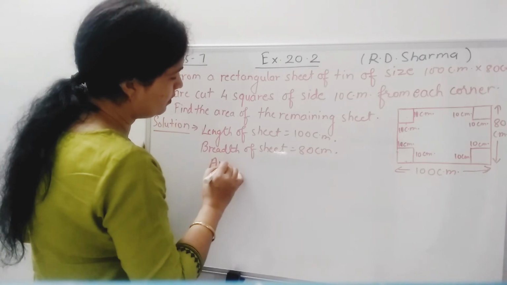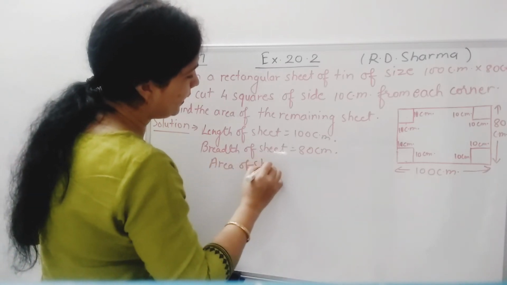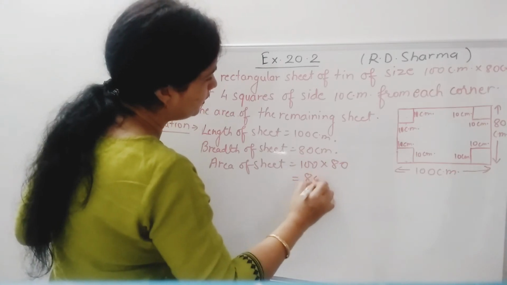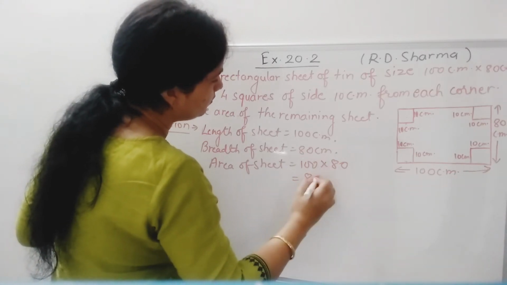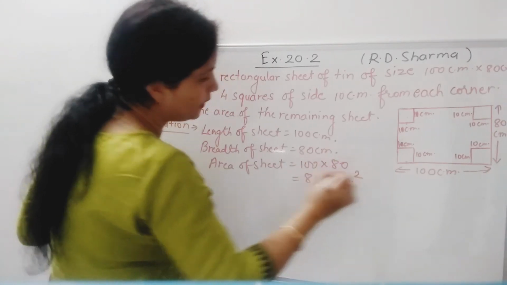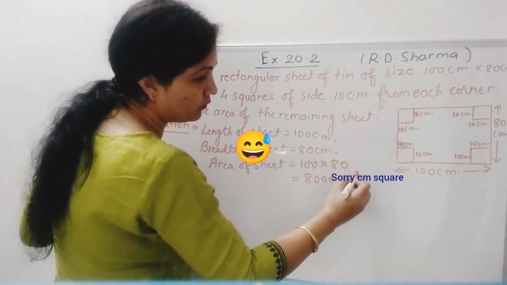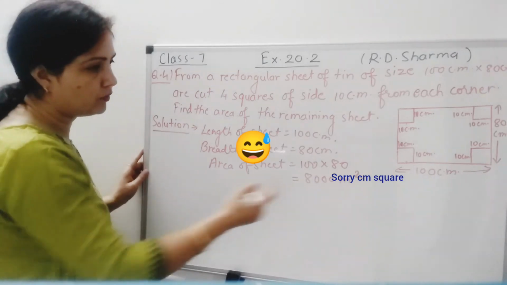So the area of the sheet is length into breadth, 100 multiplied by 80, which means 8000 centimeter square. Always keep in mind that for area the unit will always be square.